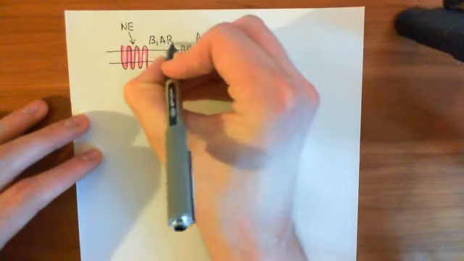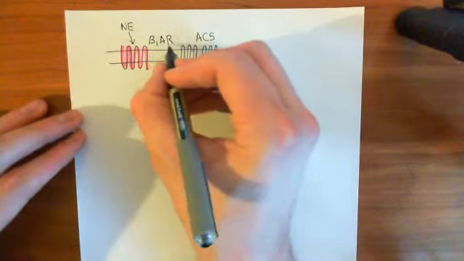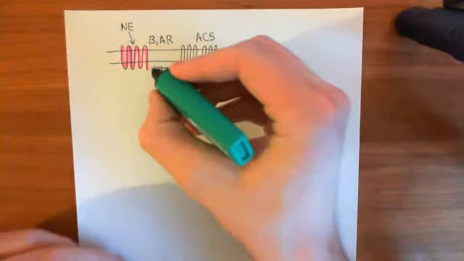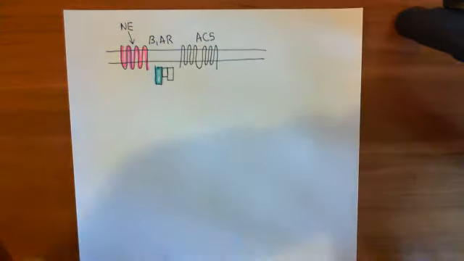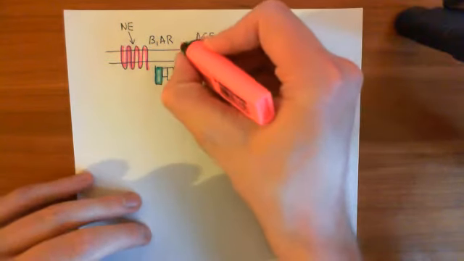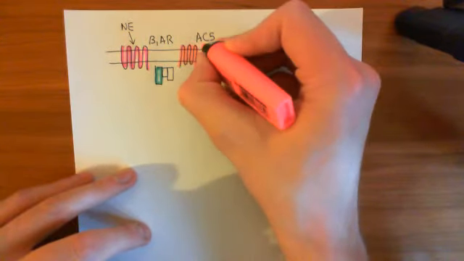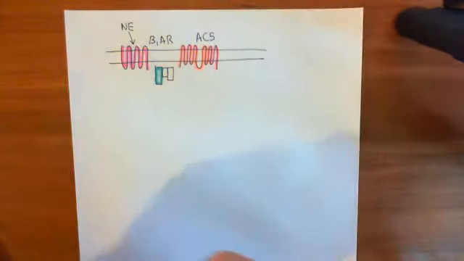You'll often hear people write beta-1 AR for beta-1 adrenergic receptor. We'll have our alpha S subunit of this GS heterotrimeric G protein in green here. And then the adenylyl cyclase 5 we'll have in red here, with its 2 transmembrane regions. Here's TM2, with the 6 membrane-spanning alpha helices.